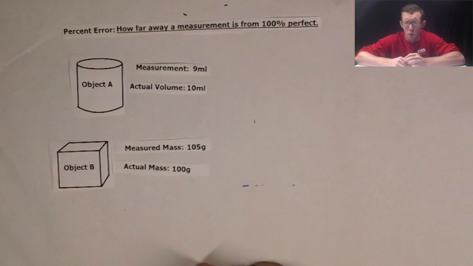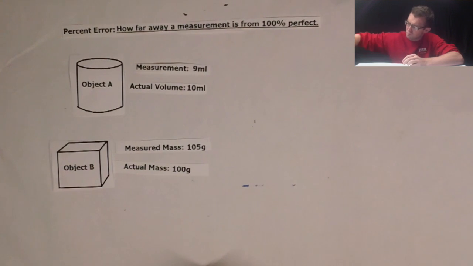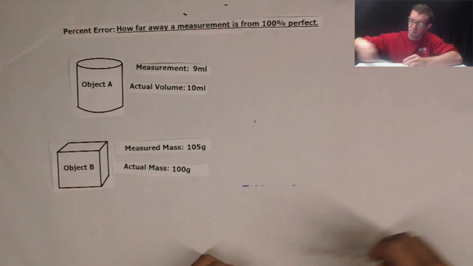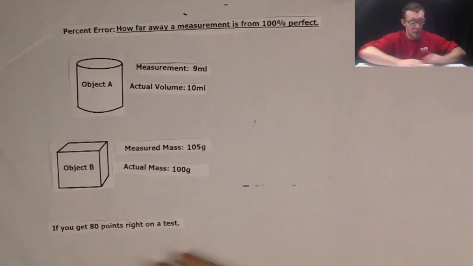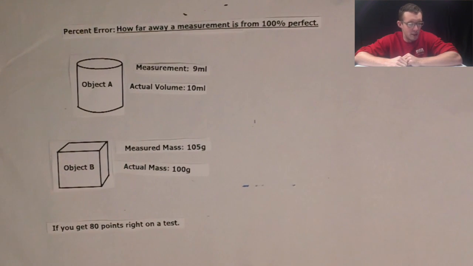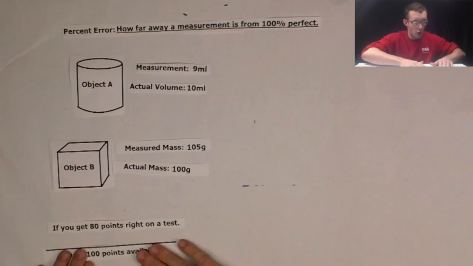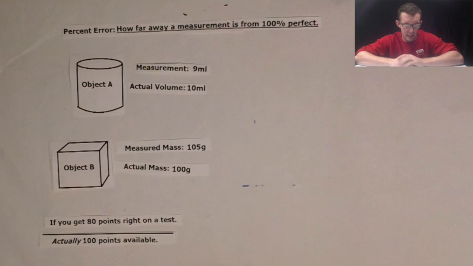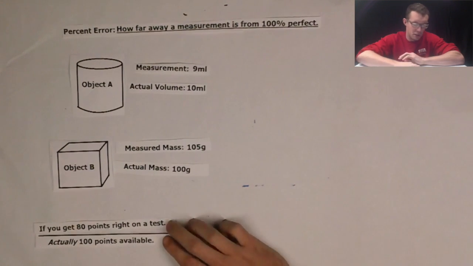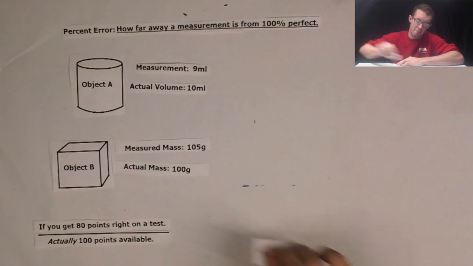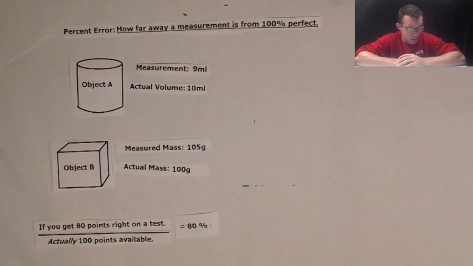Now this shouldn't be too foreign a topic for you because you do a version of this all the time in school. For instance, if you get 80 points right on a test, and there were actually 100 points available on the test, you do a simple ratio to determine that you got 80% on the test.